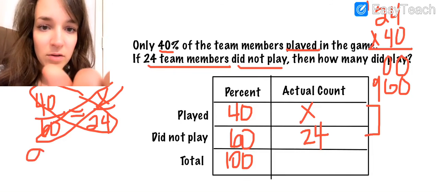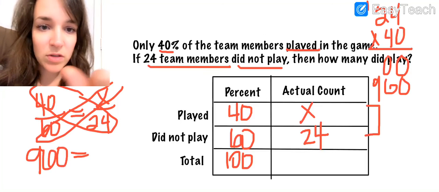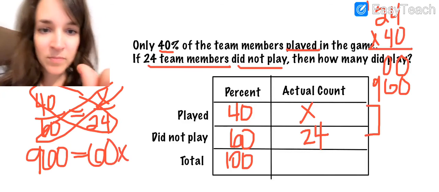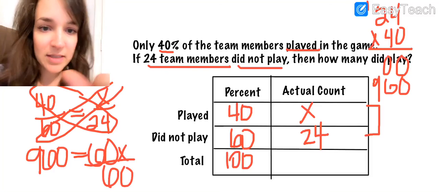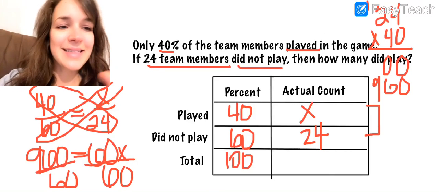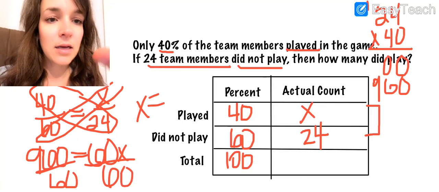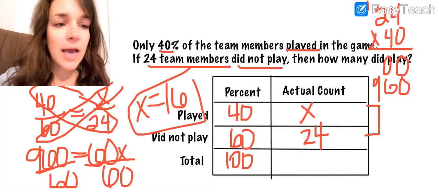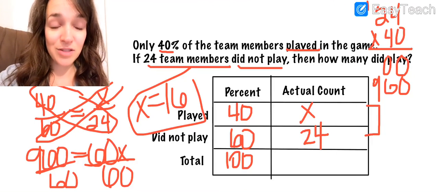Okay, so 960 equals 60x. Okay, so then I'm going to divide by 60. So x is going to equal 16. Okay, so that tells me that 16 of the team members did play, and that's what I was looking for.